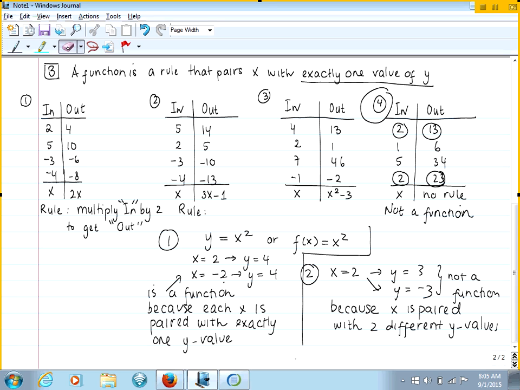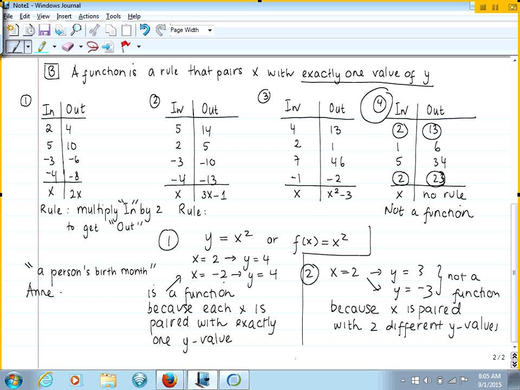To give you an example of a function that cannot be written as equations, a person's birth month is actually an example of a function, right? Why?